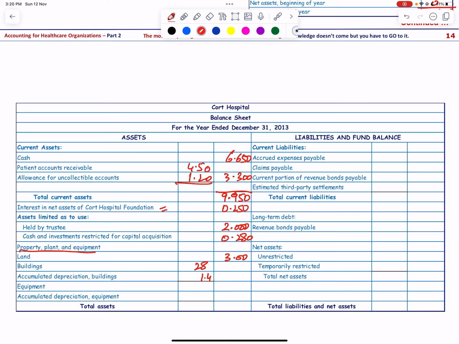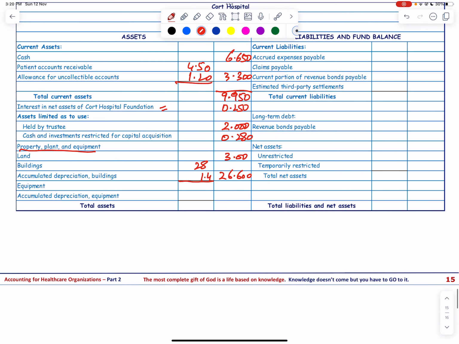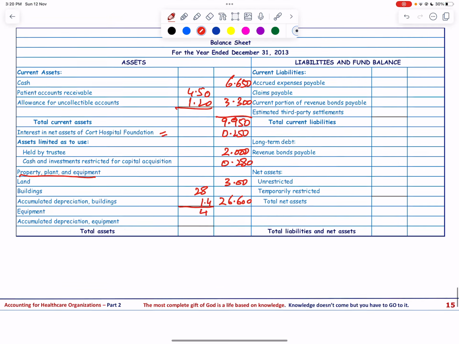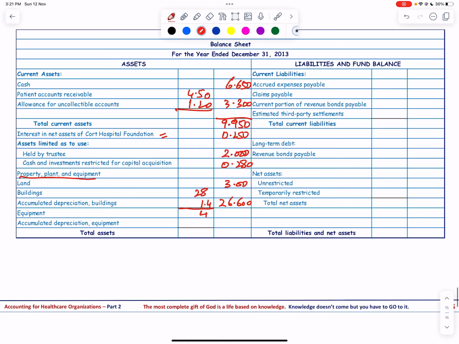So this is equal to 26.6 million. Next we have the equipment, and the equipment is for 4 million, and from this we will be subtracting the accumulated depreciation on equipment, that is 600,000, 0.6, that gives us 3.4 million. And now we can make the total, and the total will be 45,480,000.